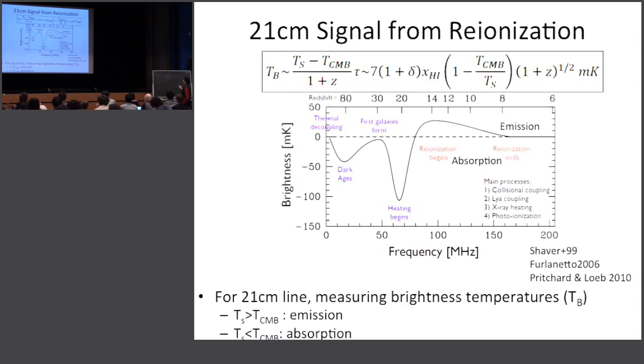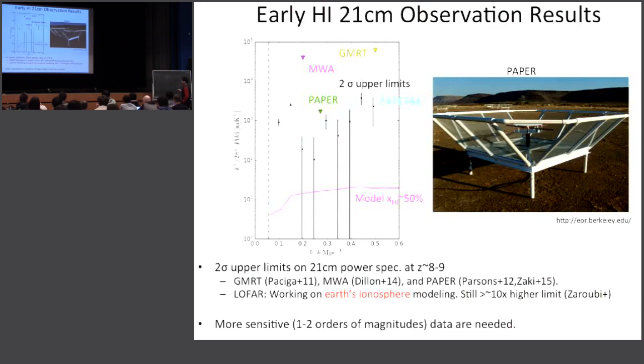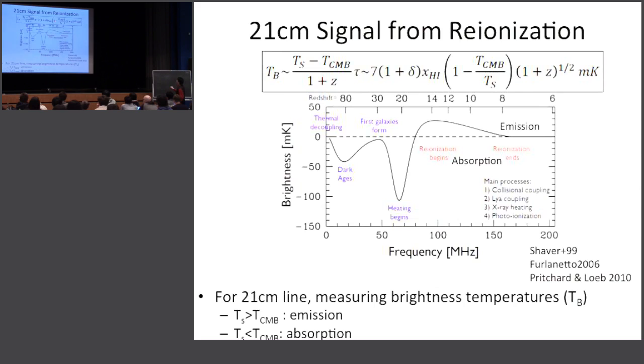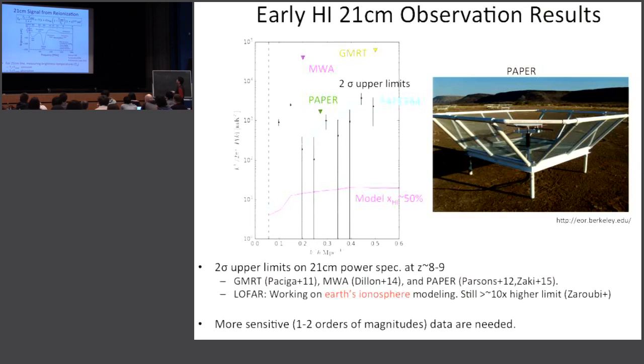Then after reionization starts, the spin temperature goes up beyond the CMB temperature, so the brightness temperature becomes positive and you can identify the 21 centimeter signal as emission. Current technology is now trying to identify this emission of the 21 centimeter signal up to redshift around 15 or so.